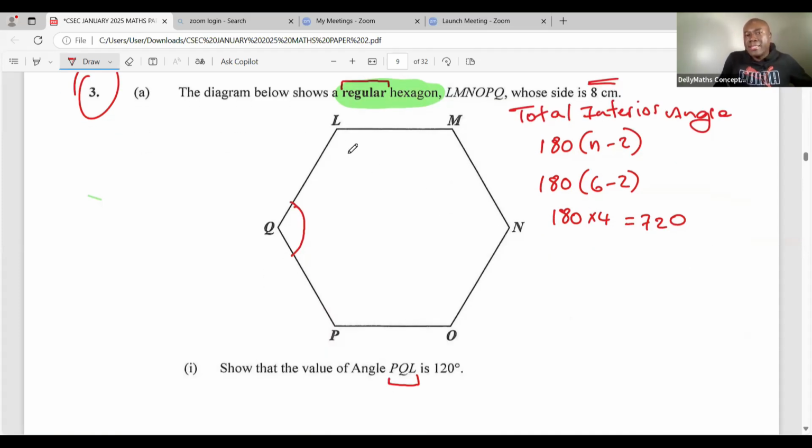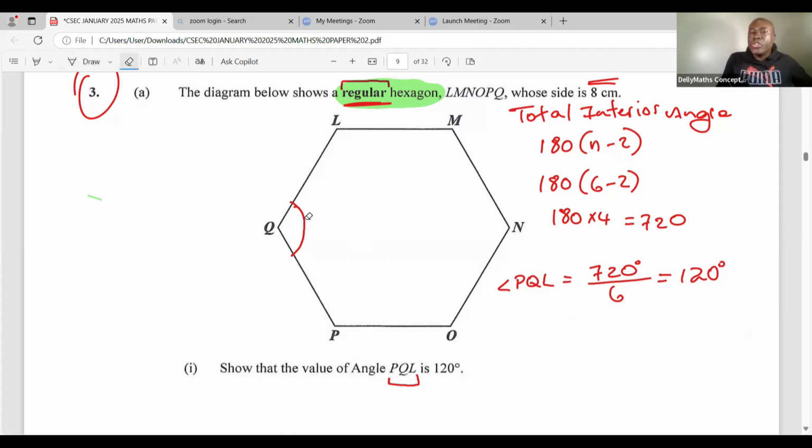Now, because it has 6 angles and regular means that they're all equal, we could now prove that this angle PQL is to take the total angle and divide it into 6 equal pieces. And it's going to be proven that it's 120 degrees. So that's how we deal with that.